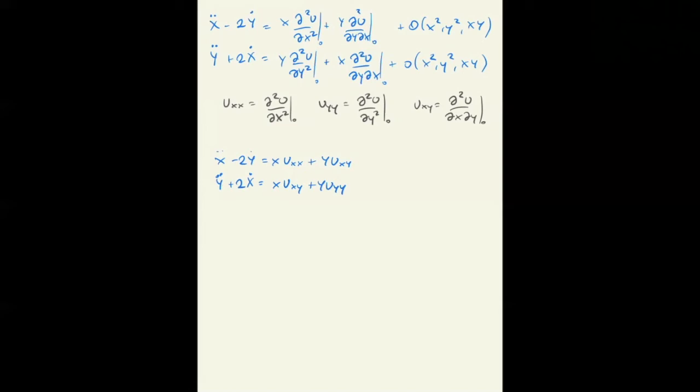So let's substitute them by constants. Let's call them uxx, the second derivative of u with respect to x at the point naught; uyy, the second derivative of u in y, also at the equilibrium point; and uxy, this last derivative. With that, then the equations of motion become, now let's put this in matrix form.